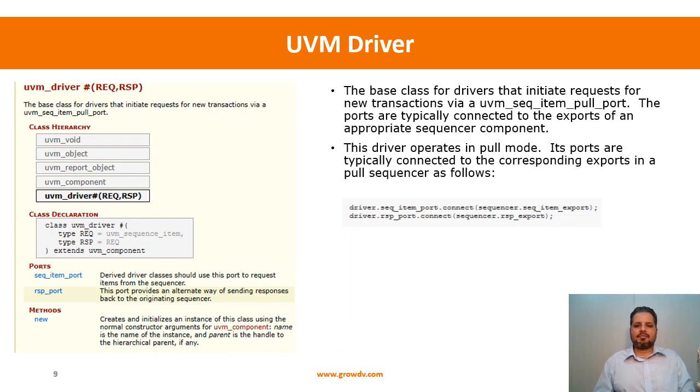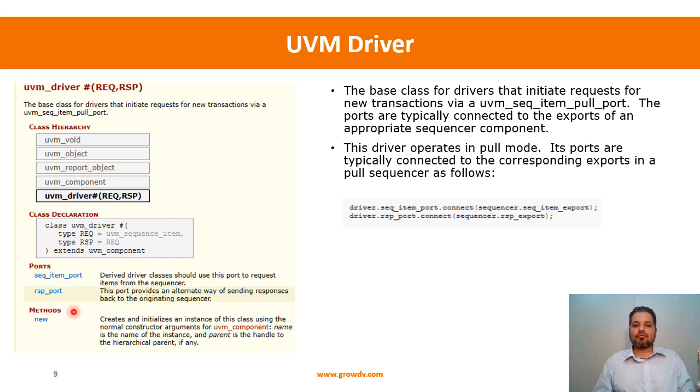Okay, this is the base class for the UVM driver. The base class for drivers initiates the request for new transactions via the UVM sequence item pull port. So we have class UVM driver, parameterized by the request and the response type of sequence items, which extends UVM component.